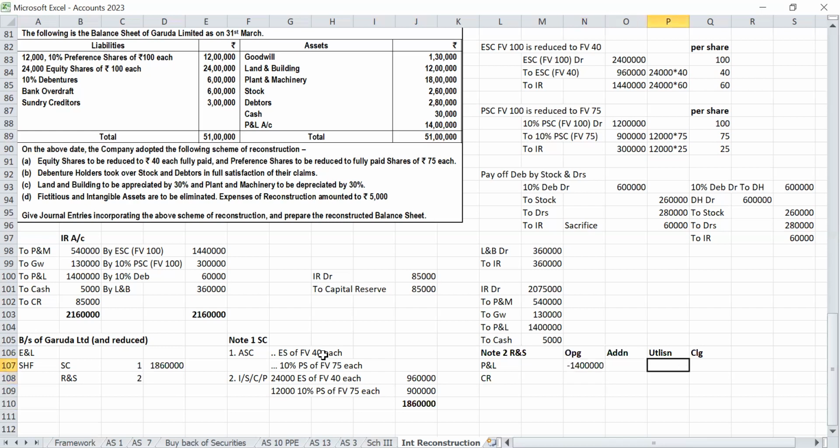That we have transferred to internal reconstruction account. Correct? Yes, sir. So closing balance 0. Opening there is no capital reserve, but we have transferred 85,000. So closing balance 85,000.